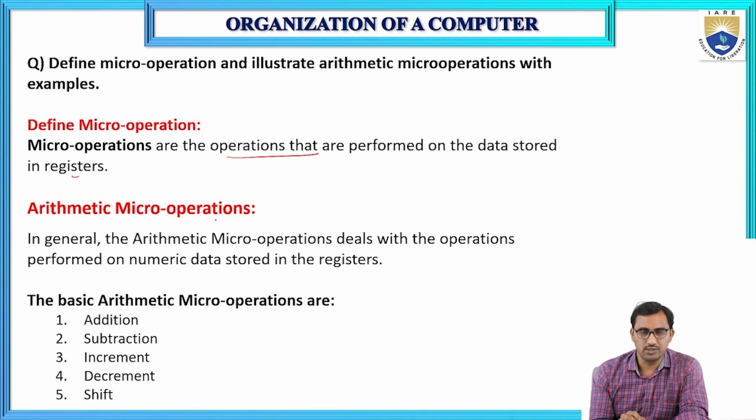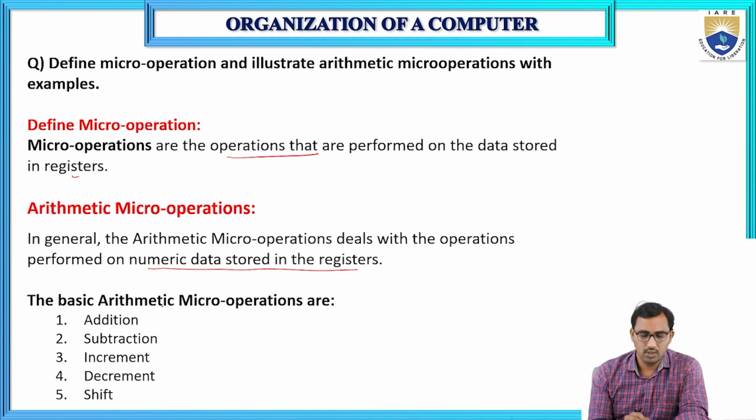Now the arithmetic micro operations. The arithmetic micro operations deal with the operations performed on numeric data stored in registers. In general, we are performing all these arithmetic operations on the data or numbers stored in the registers.